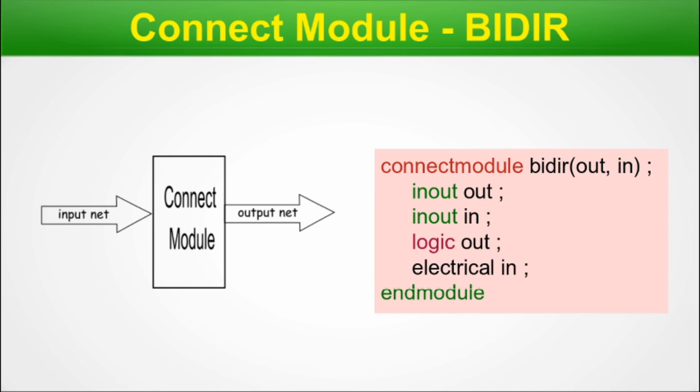Here in this case the signal can go from any direction to the other, provided we are connecting the input port in an analog side and the output port in a digital side, but the signal can travel from either side to the other side. This is a connect module which can be inserted, or is automatically inserted. It depends upon the simulator for a mixed signal structure.